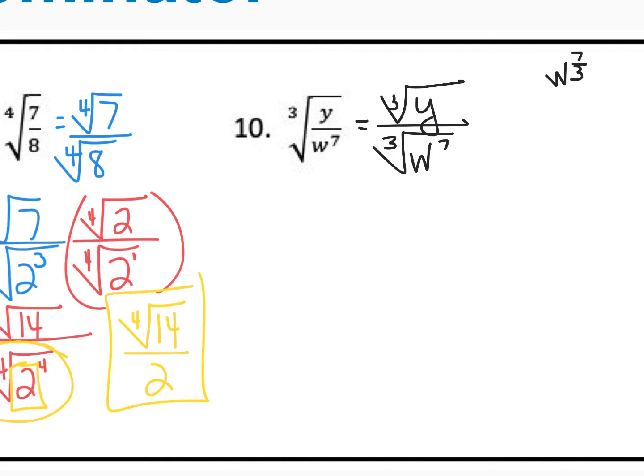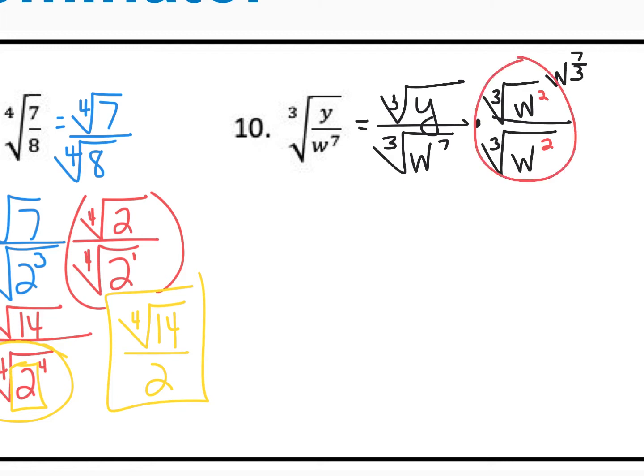Like if it were w to the 9/3, then I can take the exponent divided by the index. So if I multiply top and bottom by what power of w would work? Well, I'm going to make it 2 so that I keep the base and add the exponents. And again, this is a disguised form of 1, so this is legal.